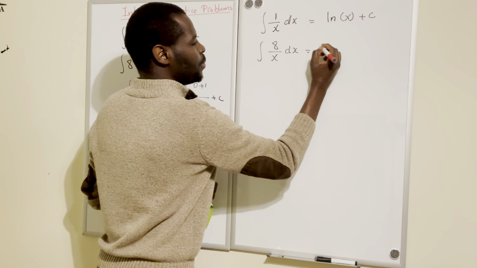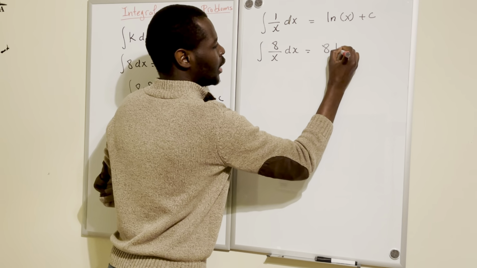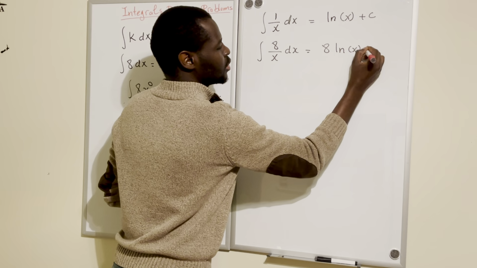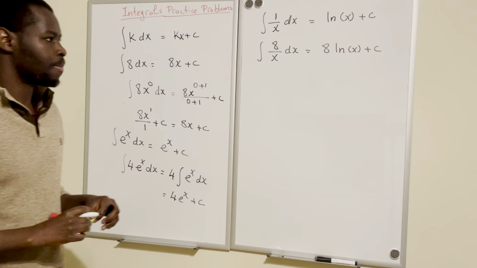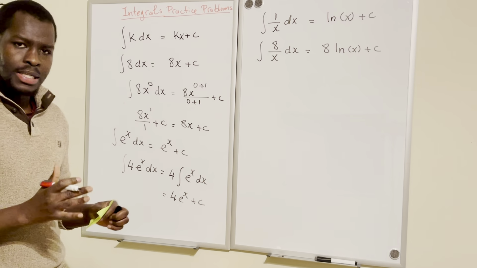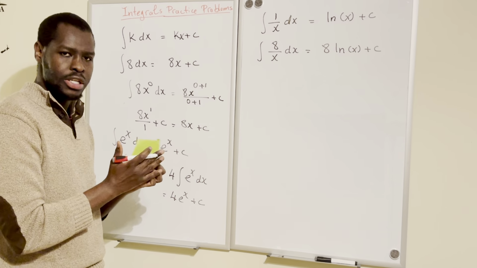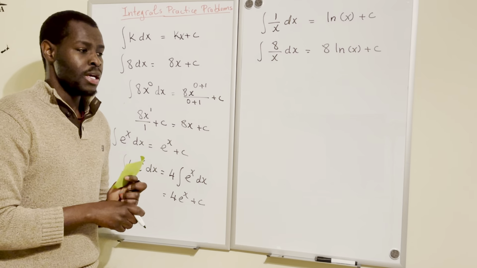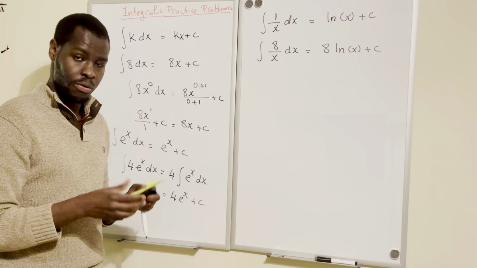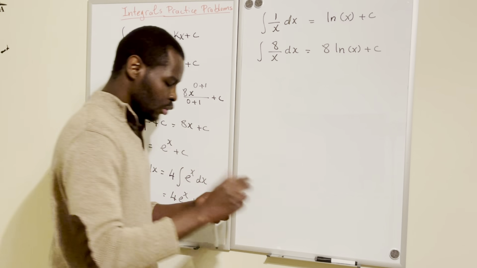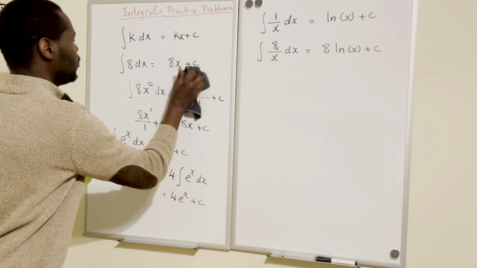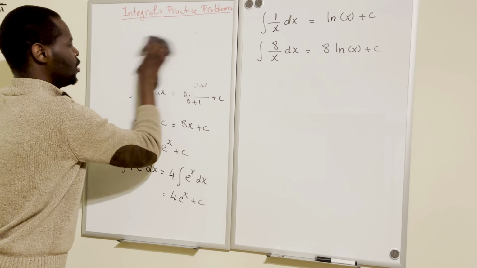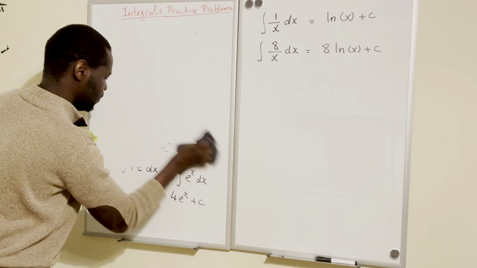It would be just 8 ln of x plus a constant. I hope this makes sense, and if it doesn't, I highly encourage you to go back to the videos and watch them as many times as you want until hopefully it clicks. I will do a few more examples.